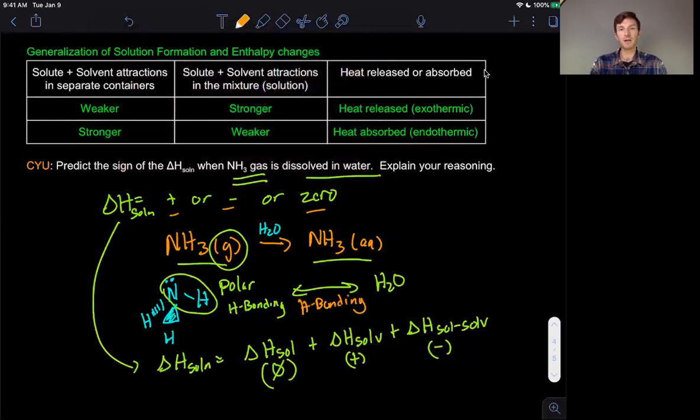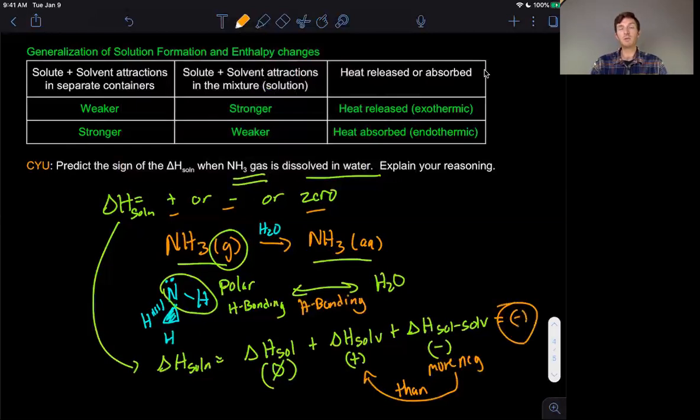Those new strong hydrogen bonds are going to create a lot of really strong interactions, and that is going to make this more negative than that positive value that we'd see for the enthalpy of our solvent, because we only separated those water molecules slightly. And so that would make our overall enthalpy of solution negative.